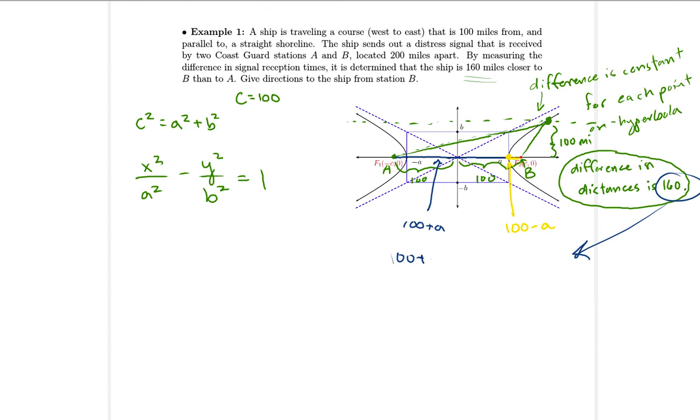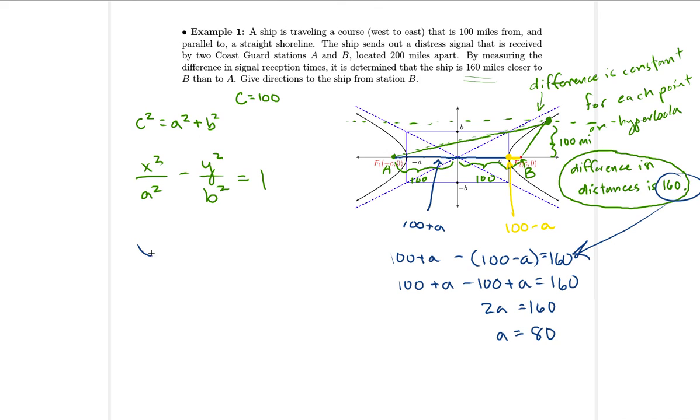So 100 plus A minus 100 minus A is equal to 160. And this will tell me what A should be. So 100 plus A minus 100 plus A, we get 2A is 160. So that must mean A is equal to 80.